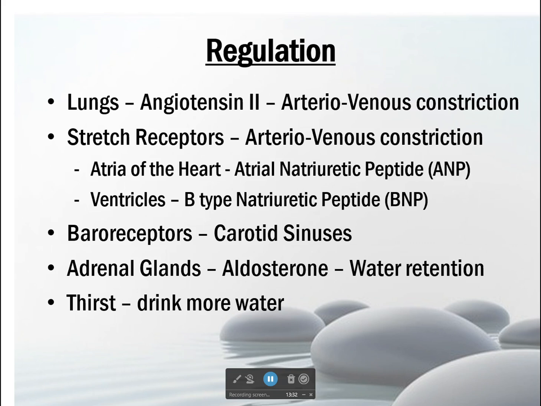A good example of your stretch receptors kicking in is when your blood pressure gets low. Your stretch receptors send a signal that causes your blood pressure to drop, that causes you to pass out. When you pass out, that causes blood flow to distribute equally among a body that's laying flat.